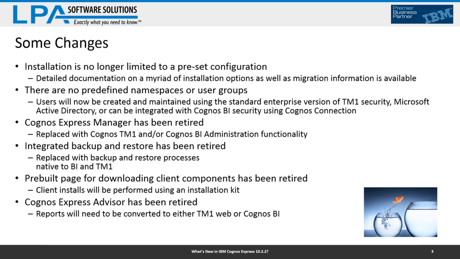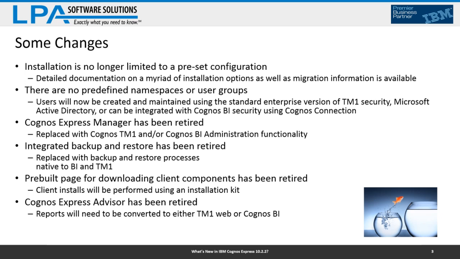Now that you're installing the enterprise versions of BI and TM1 under your Express license, you have detailed documentation on any number of different installation options in terms of databases for your content store and for your sample data, the authentication providers that you use to manage usernames and passwords, other security options, how you would configure your gateway. So there's a ton of documentation, as you might imagine, that goes with all of those options.